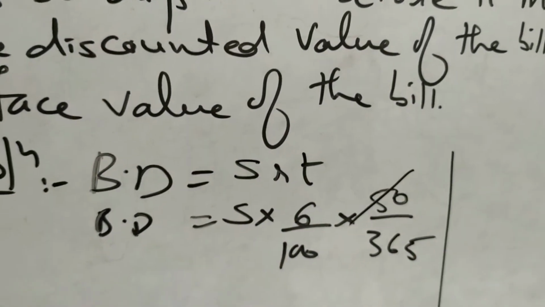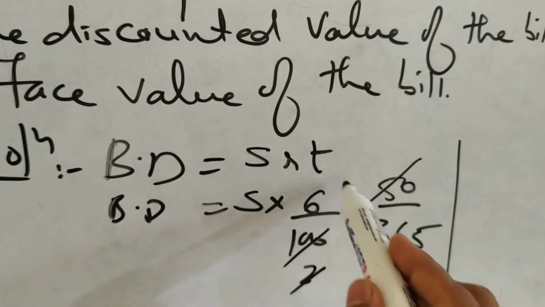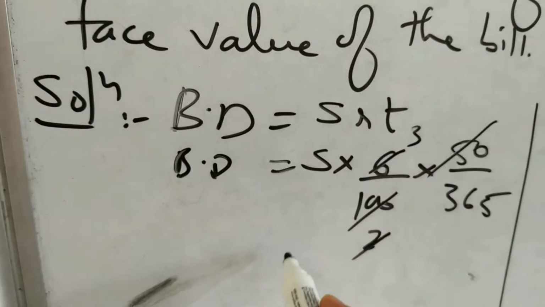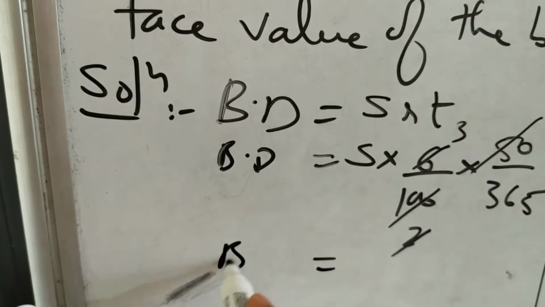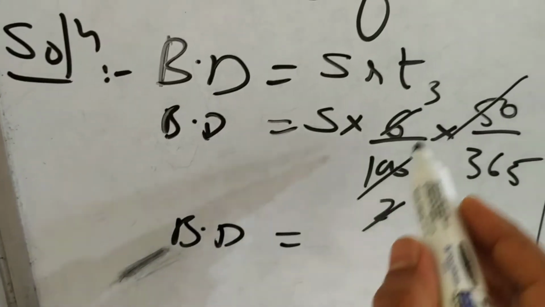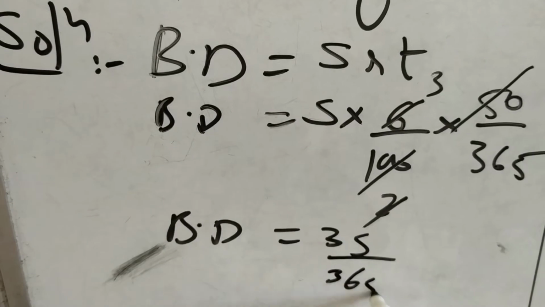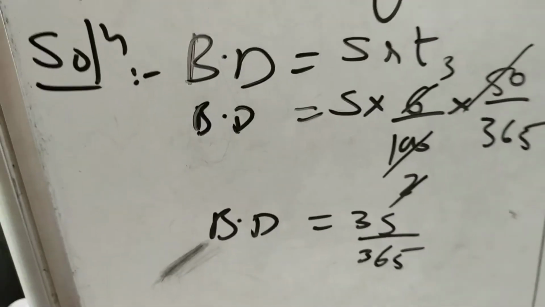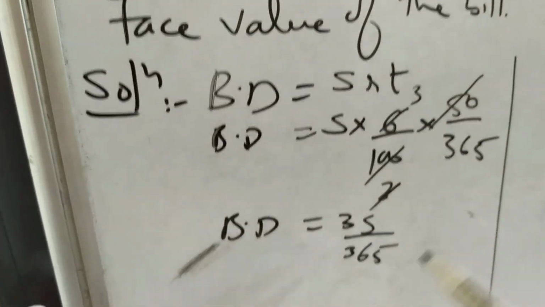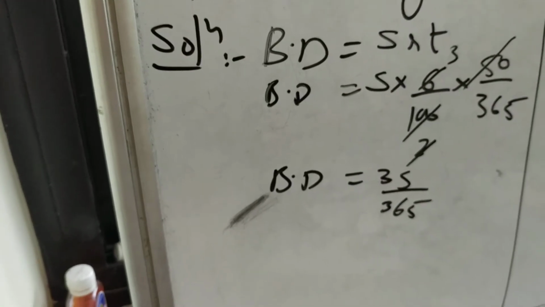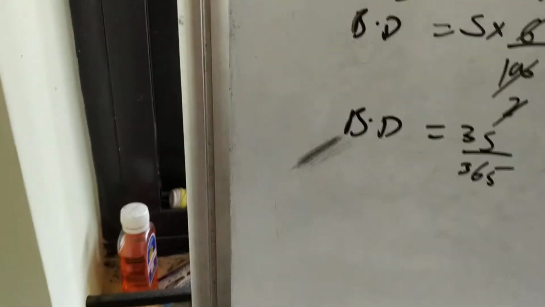So just cancel this fraction, 5 2s are 10, 2 3s are 6, so we get BD as 3S upon 365.